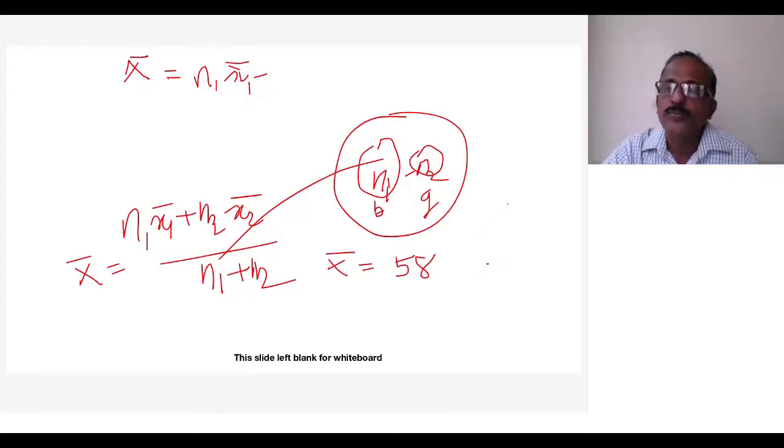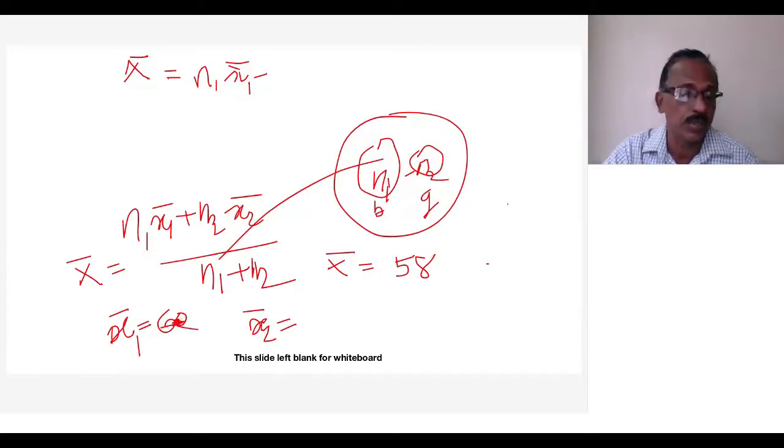And also the arithmetic mean of boys, x1 bar, is equal to 55, and x2 bar is equal to 60.